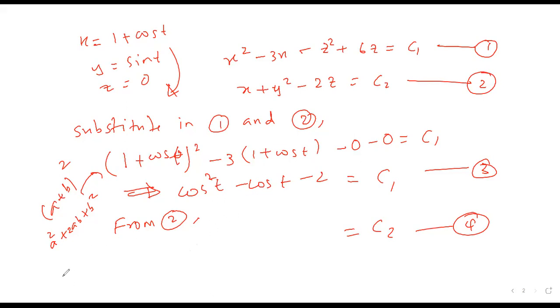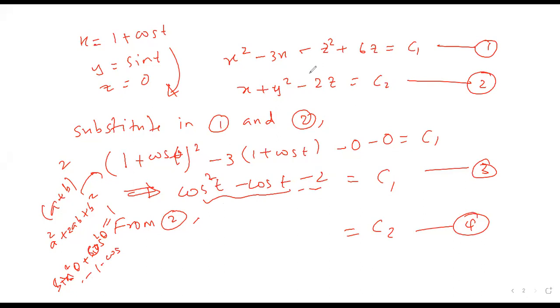So for the 1 plus sin square theta plus cos square theta will be 1. In that identity, you can use the trigonometric one. Wherever you get sin square theta, you can substitute 1 minus cos square. So it will give something like this. Somehow you will get some relations between C1 and C2. Yes, good, got the answer.